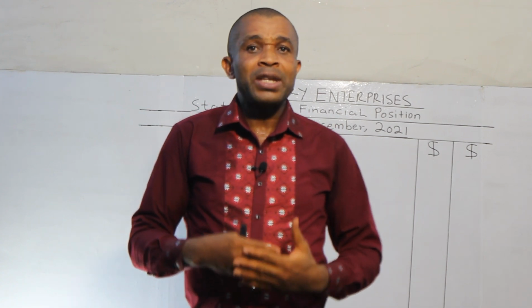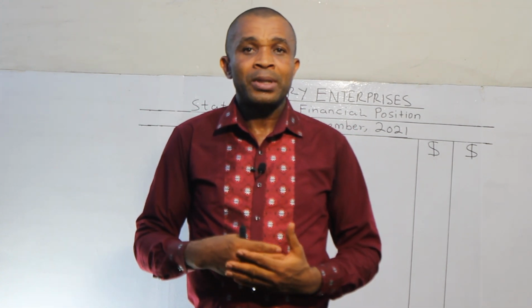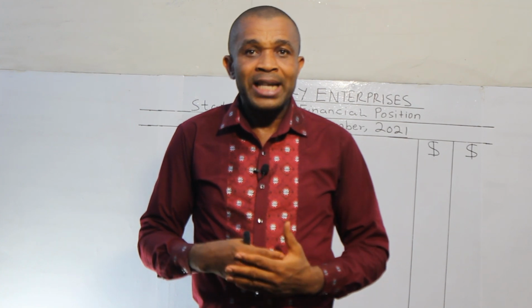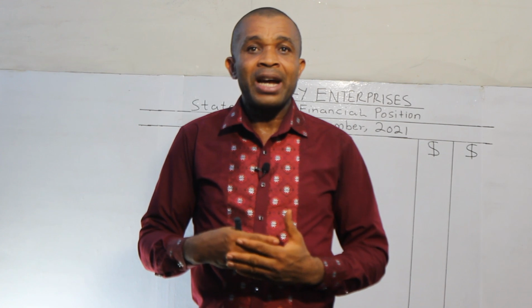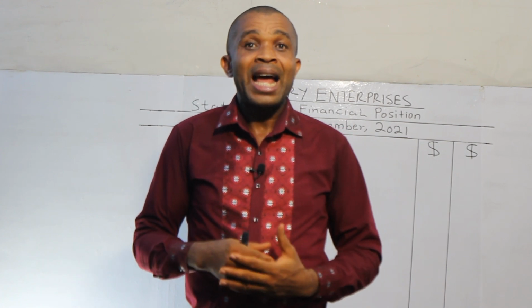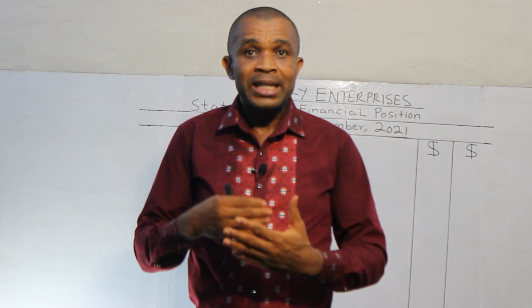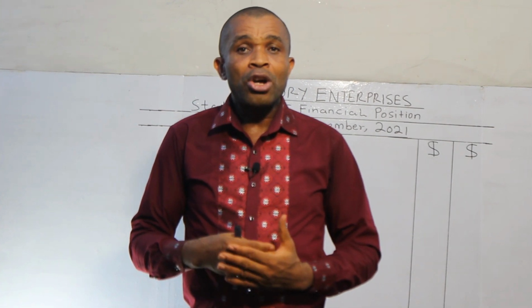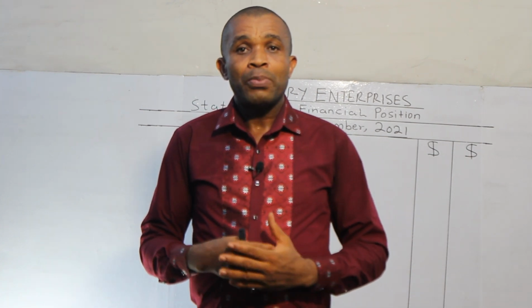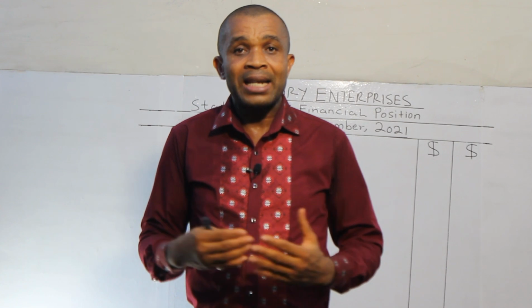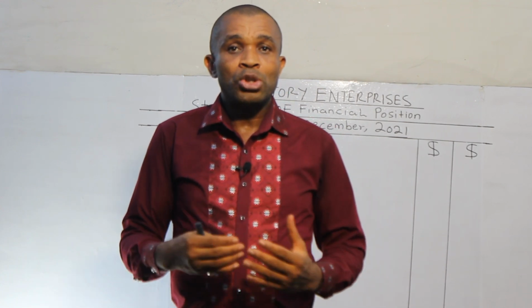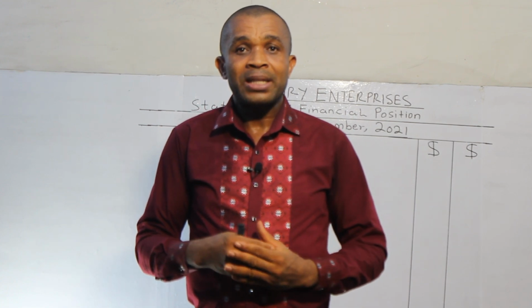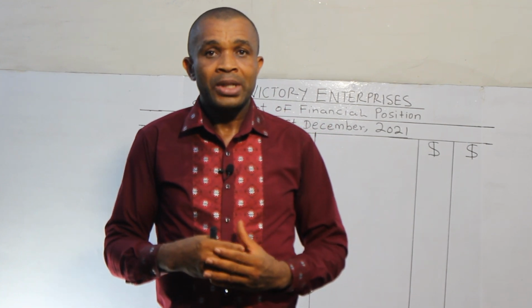And the area of the statement of financial position that takes cognizance of these tangible assets is the area that is underlined as the non-current asset. The non-current assets includes properties or assets like land and building, plant and machineries, motor vehicles, equipments, and so on.